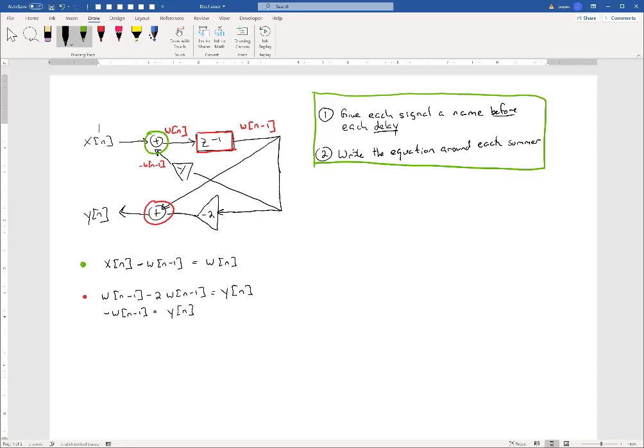And so now we know that anytime we see a W of n minus 1, just multiplying that equation by negative 1, we can put in minus Y of n. And that helps us out with this green equation in the first place. But the second one asks for what's W of n. Well, if W of n minus 1 is this, then we can push our index up 1. We can just add 1 to our W of n minus 1.